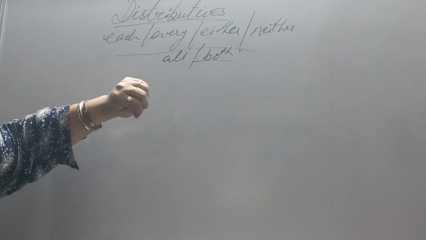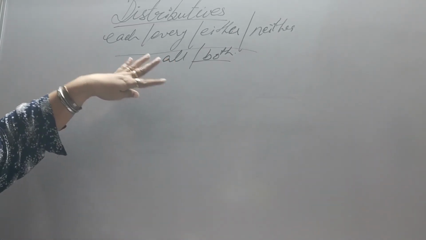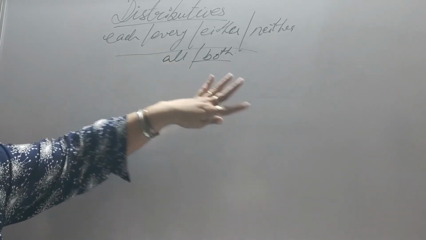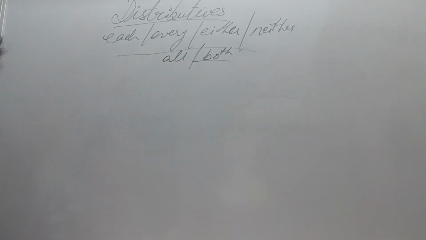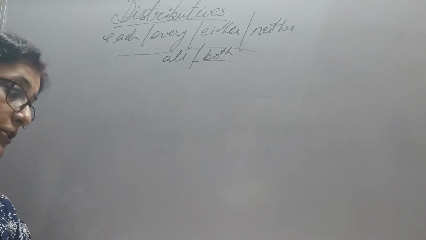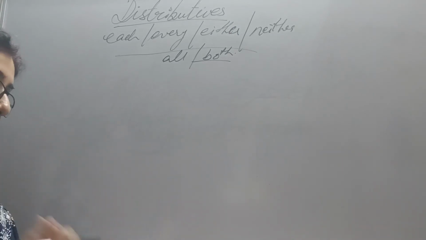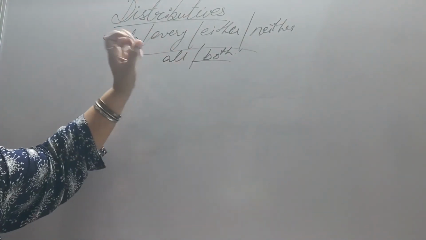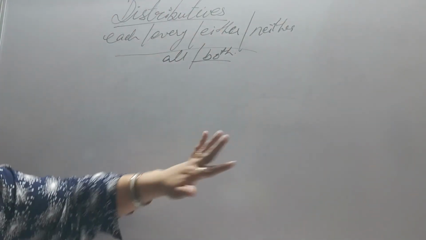These are talking about all distributions, further distributions there. Next, when we come to the examples of these, let me just tell you. First of all, distributives give us the information about a group or every individual of the group. It can be every person of the group, or we can talk about the group as a whole.